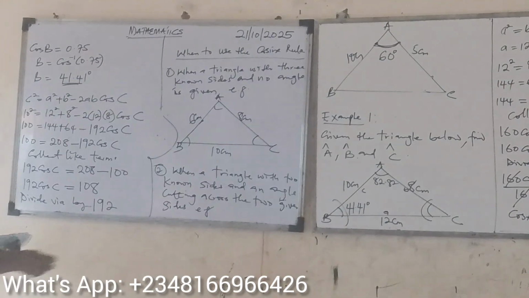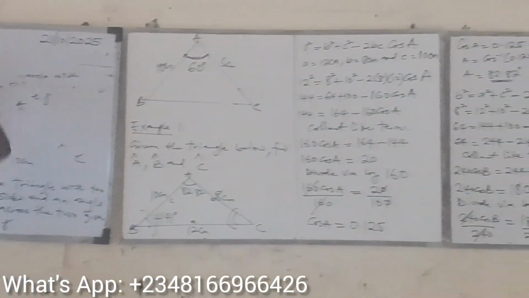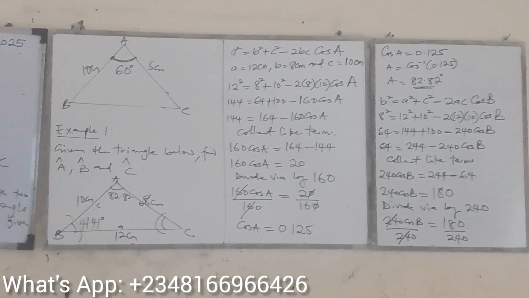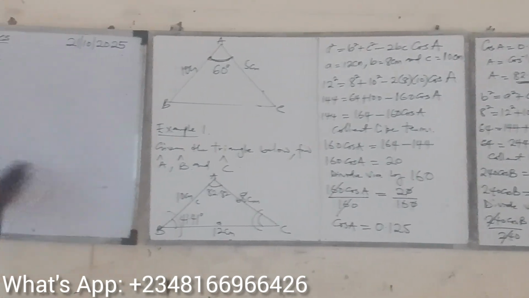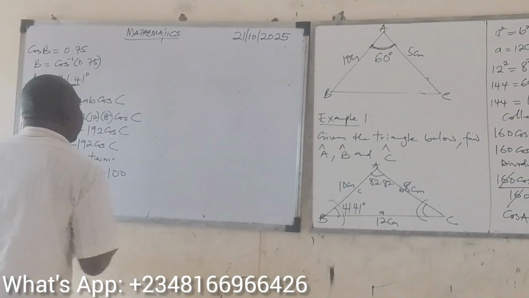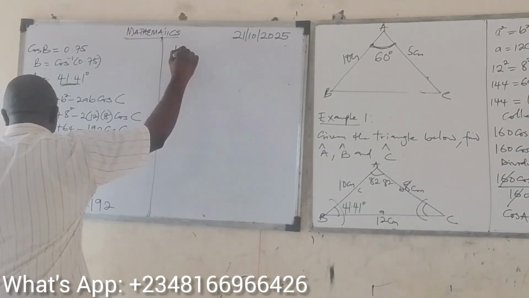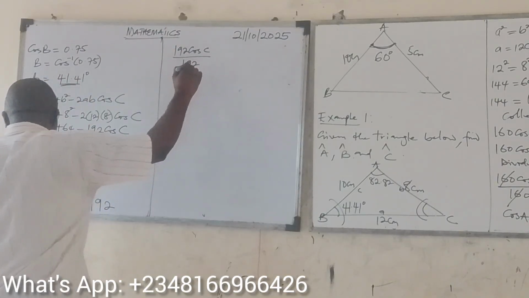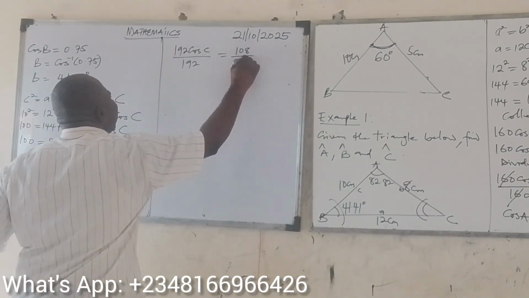So here we'll have 192 cos big C divided by 192 is equal to 108 divided by 192.